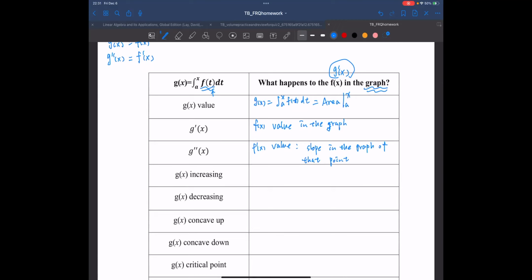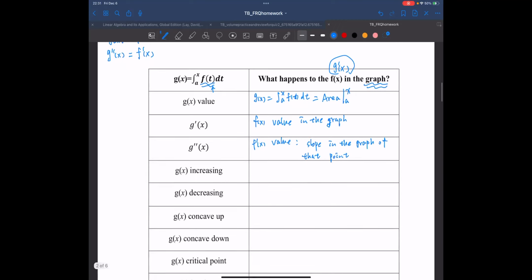And when g x is increasing, we can see g prime is positive. So f x is positive. So the part which is above the x-axis.